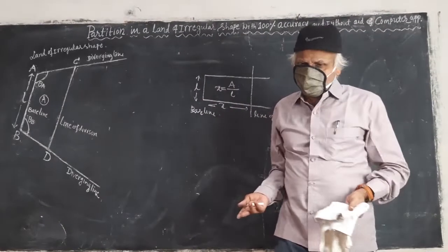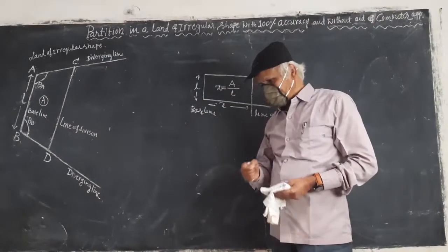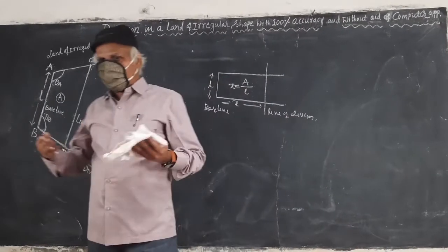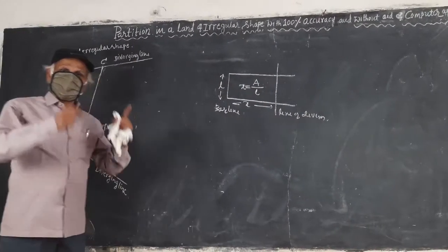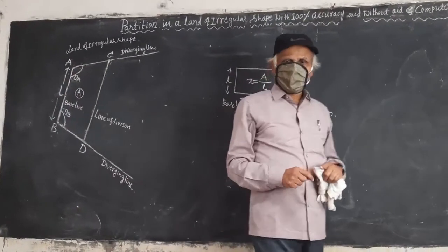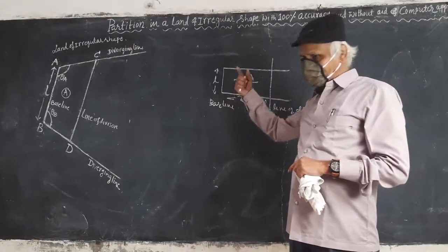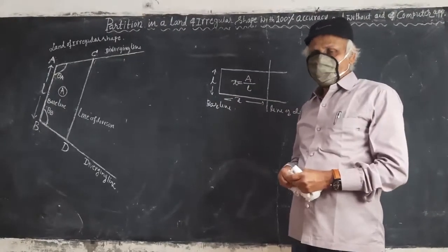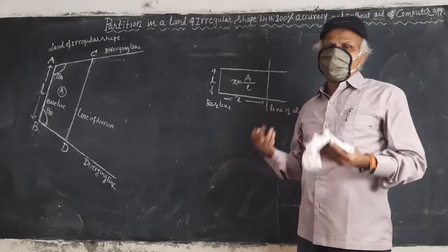Okay, whatever may be the argument, in spite of this difficulty, it is possible to find the position of the line of division, however trickier it may be. If so, how?